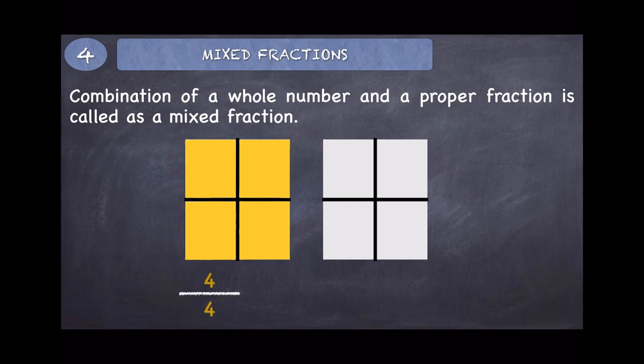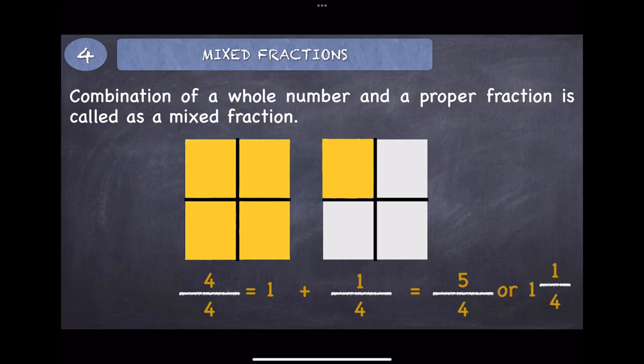But we know that the value of this fraction is equal to 1, which is a whole number. Now, in the second sheet, we are shading one part out of 4 parts. So the fraction is 1 by 4. Now, if I combine these two, we get 5 by 4 or 1 and 1 by 4.